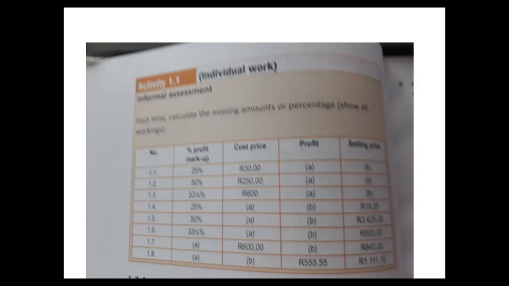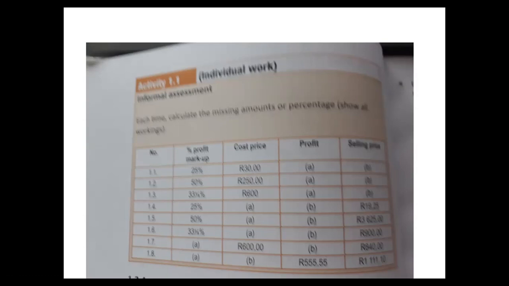To calculate the profit percentage, you take the profit amount, the 555 Rand 55, you divide it by the selling price, so divided by 1,111 Rand 10 cents, and of course multiply with 100 to get a percentage, then you will get 50%. So the profit percentage is 50%.